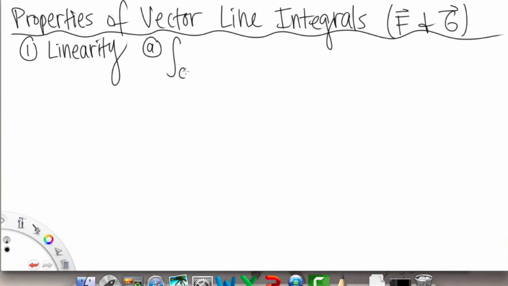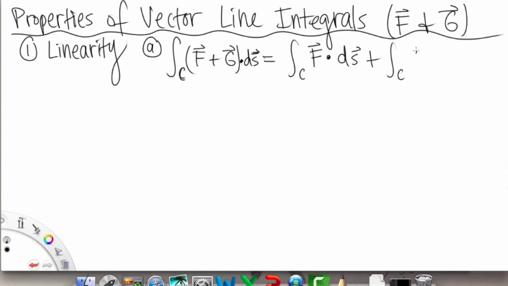So if we have the vector line integral over some curve of f plus g dotted with ds, then we can basically just break this up into two separate vector line integrals. So we have the integral of f dot ds, plus the integral of g dotted with the ds. So these are equal, basically.